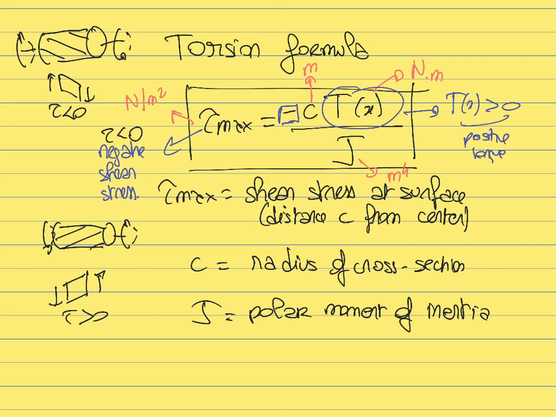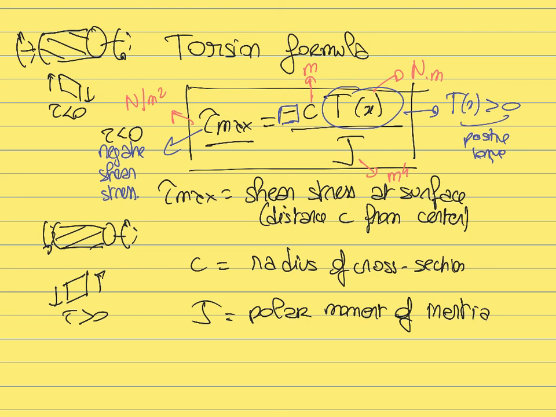And then the last thing we can discuss is the meaning of this formula. What we find here is that the shear stress is proportional to the radius, proportional to c, because, again, the shear stress becomes larger and larger as you go far away from the center. The further you go away from the center, the larger the shear stress.